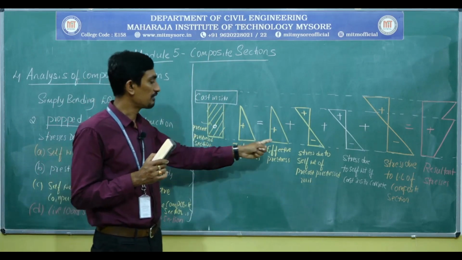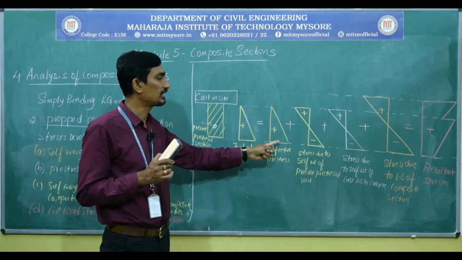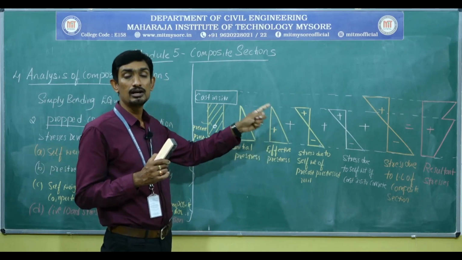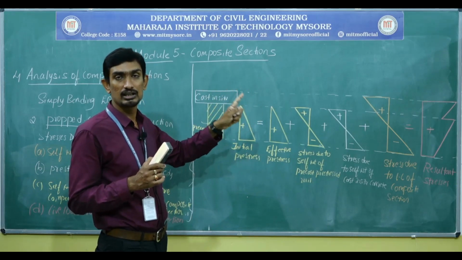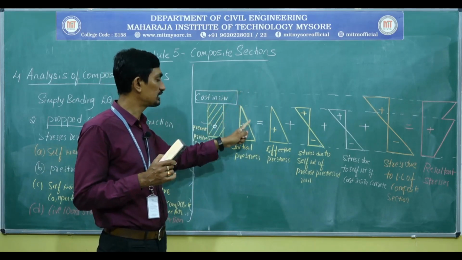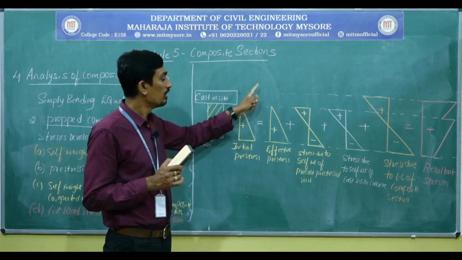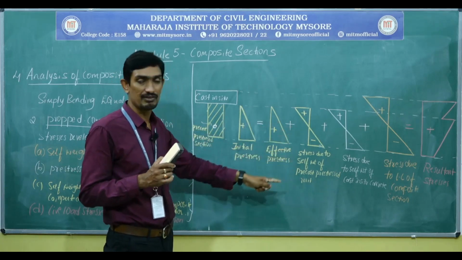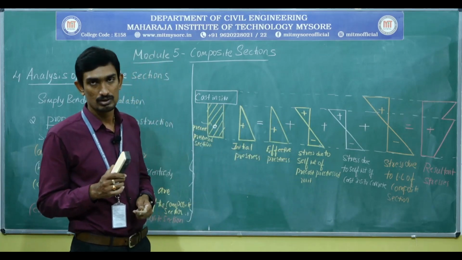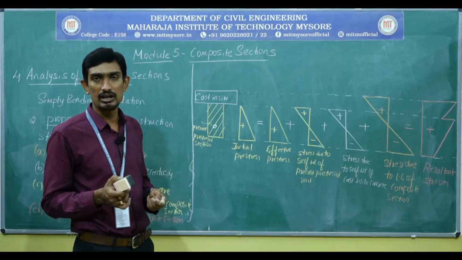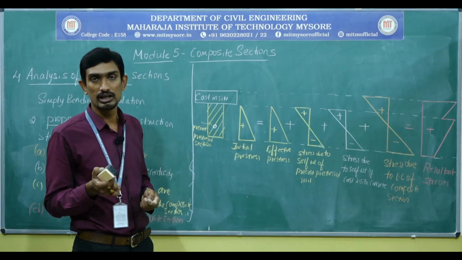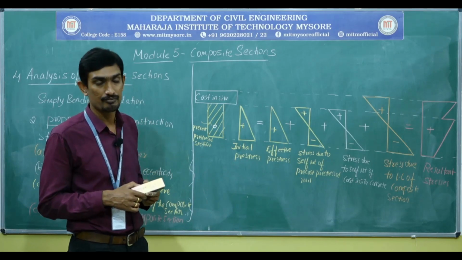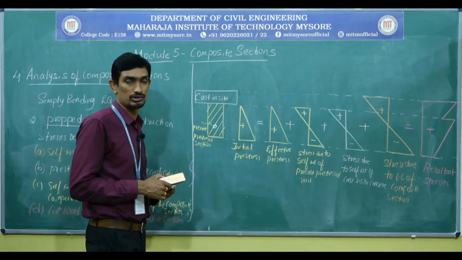This effective pre-stress will be calculated based upon the percentage loss or loss ratio. By considering the loss ratio for the initial pre-stressing force, we calculate the effective pre-stress. Is it clear? The same thing we did in module 1 and module 2, while performing the loss of pre-stress. The same thing holds good here also.